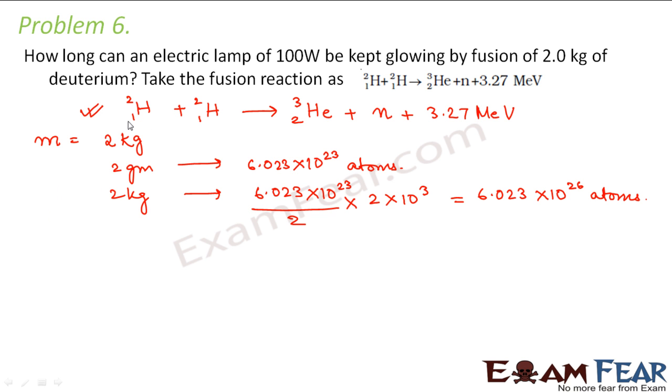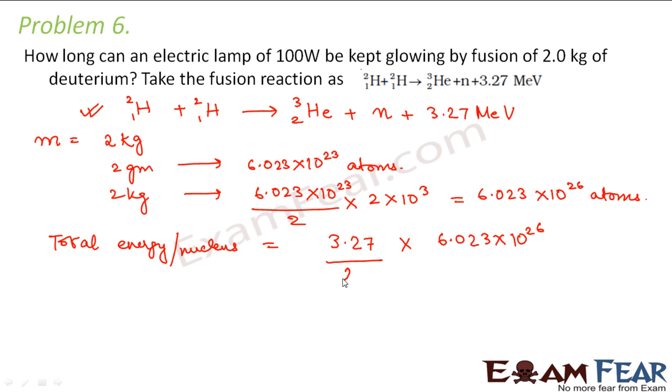Right? Now if you look at this reaction, you see that 2 atoms of deuterium fuse and they produce an energy of 3.27 mega electron volts. So therefore if I want to calculate the total energy per nucleus that would be produced by these many atoms, how do I calculate? The total energy generated by 2 kgs of deuterium would be 3.27 into these many atoms, 6.023 into 10 to the power 26.